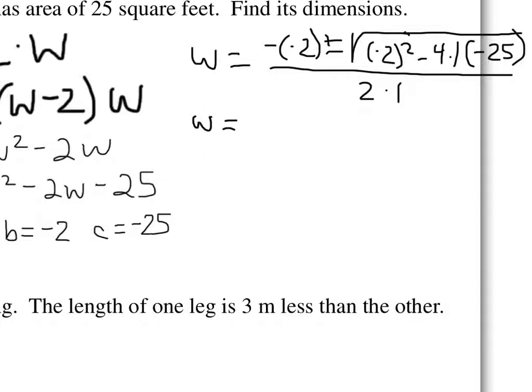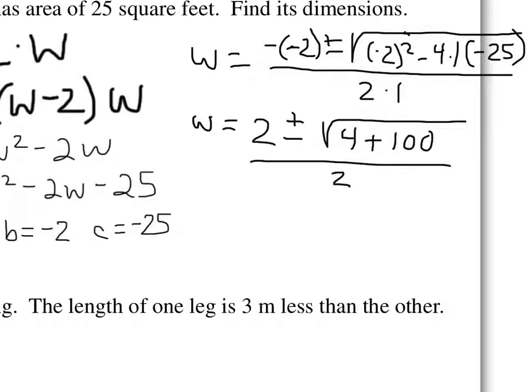So W is, a negative 2 is a positive 2, plus or minus the square root. Negative 2 squared is a positive 4, plus 100. 4 times 1 is 4, times a negative 25 is negative 100, so we have minus a negative 100, all over 2.